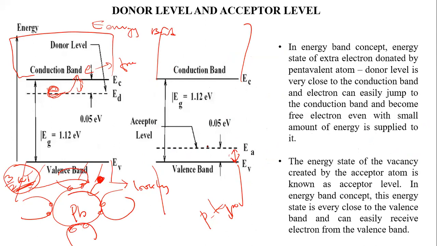Because of that energy state, which is very close to the valence band, electrons in the valence band, which are in the covalent bonding, can now easily jump to this acceptor level and easily return to the valence band. So that is how we define the acceptor level and donor level. You should know that the donor level lies close to the conduction band, for the reason I have just mentioned, and the acceptor level is close to the valence band.